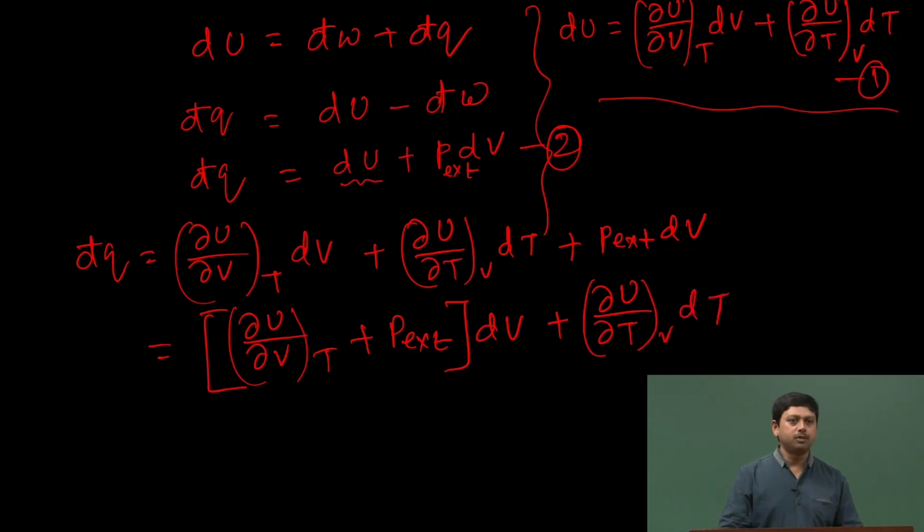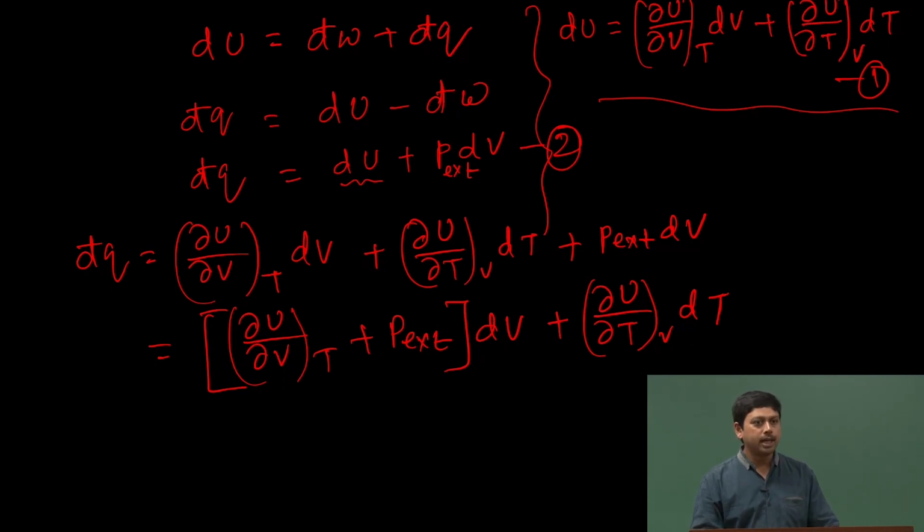So we got the expression of Q. Right now no assumption has been made. Remember we have taken U as a function of V and T, but we could have taken P and T, or P and V as well; it does not matter. For ease of calculation we adopt the variables that we require. Now we are going to take a condition, a constraint: the process is done at constant volume.